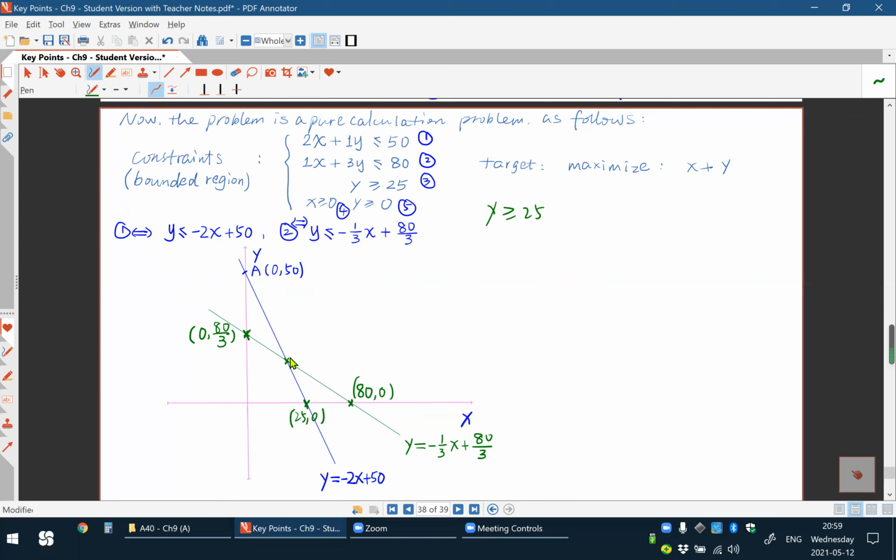So first of all, we need to find the position of this point. So how do you find the intersection point? We need to solve the system of these two equations. Which system? The system that involves the first two lines, right?